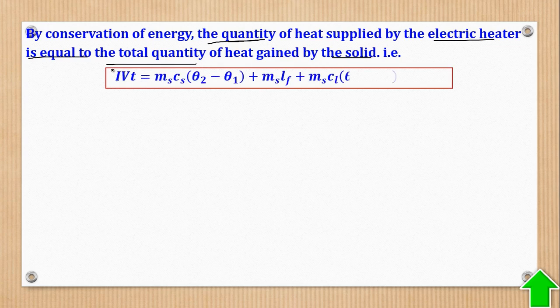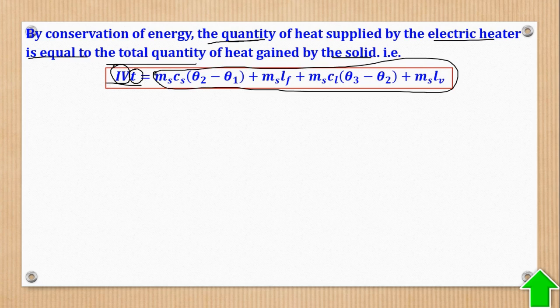Therefore, the quantity of heat supplied by the electric heater is power times time. Power is IV, multiplied by time to get the heat supplied, equal to the heat which was gained by the solid in the whole process.